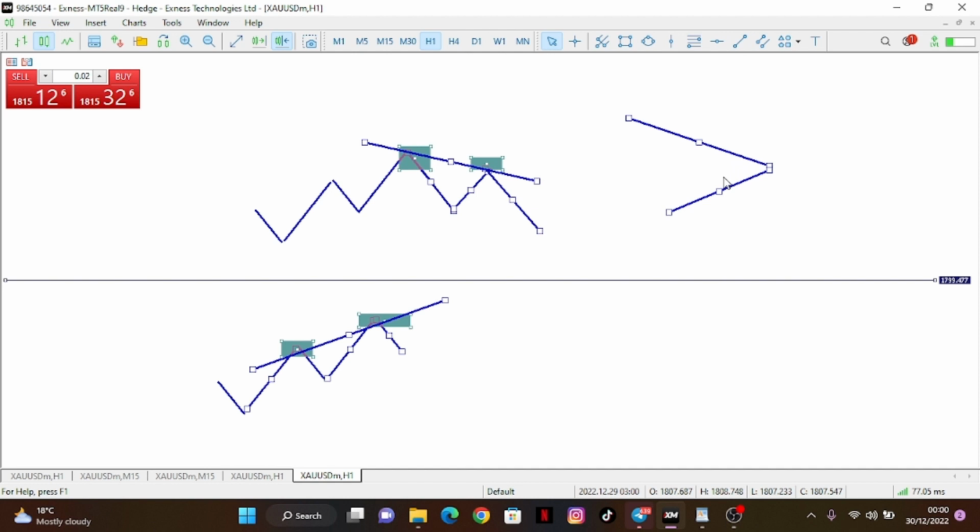Once you are having an uptrend and you spot price making lower highs and the RSI making higher highs, what you have seen is hidden bearish divergence. I think that makes sense.